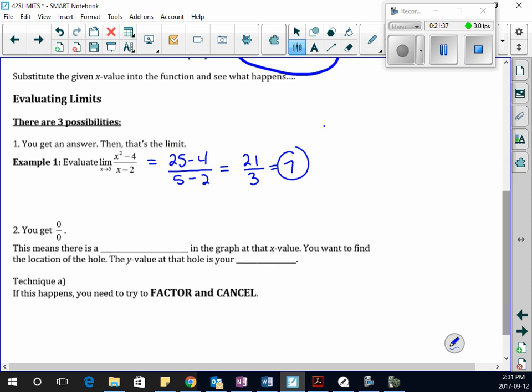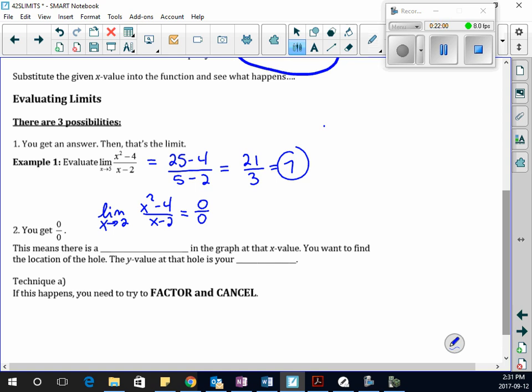So if this were the limit when x goes to 2, say this was the same function, but this time x is going to 2, and you get x squared minus 4 over x minus 2. What do you get when you actually substitute? You get 0 over 0. And we recognize this from grade 12 pre-cal, right? What does that represent?